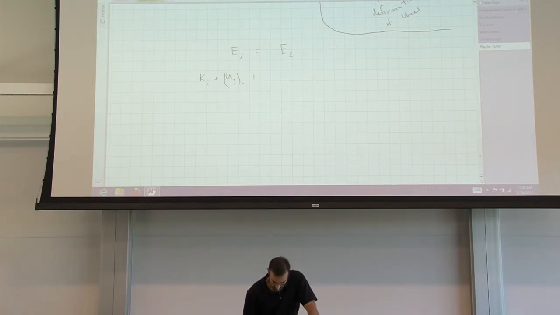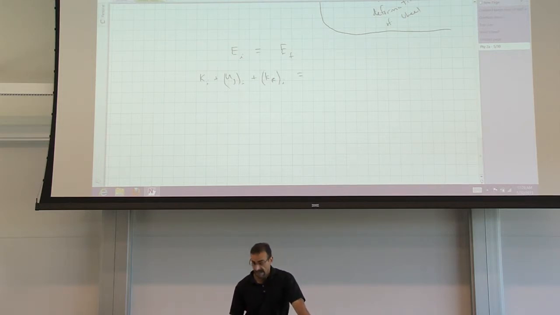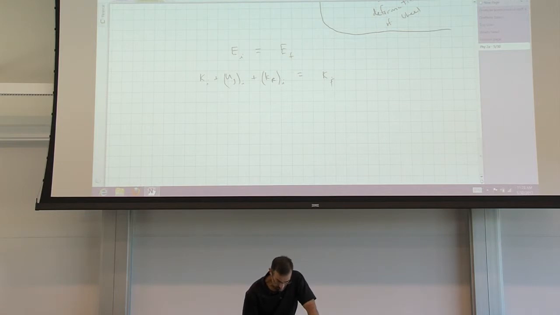It could be rotating. And at the end, it could be translating, could be rotating. And there could be some gravitational energy at the end, right? No springs in our system.